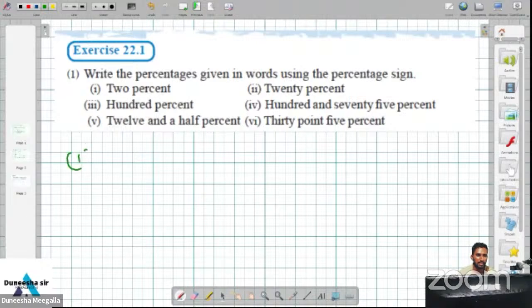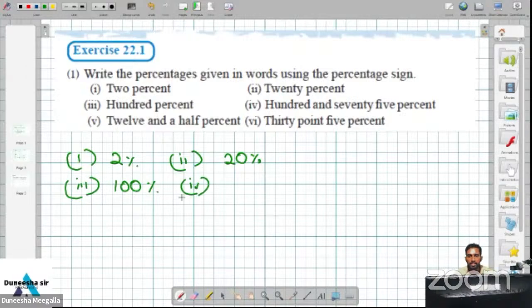What is the first one's answer? 2%. Second one, 20%. Write the 20 in number and the percentage mark. Third one, 100%. Fourth one, 175%.